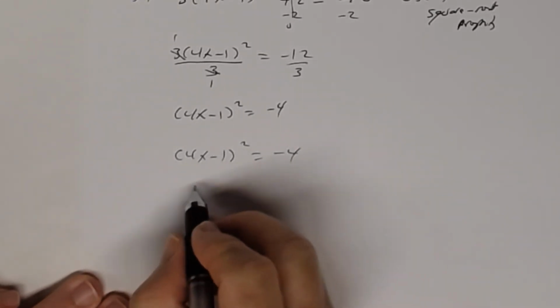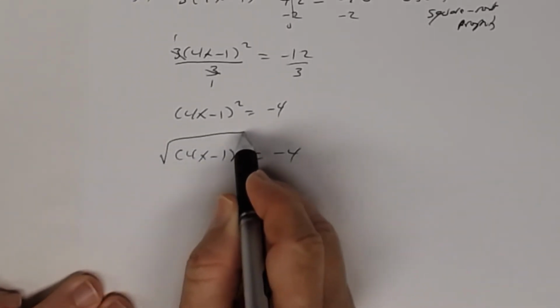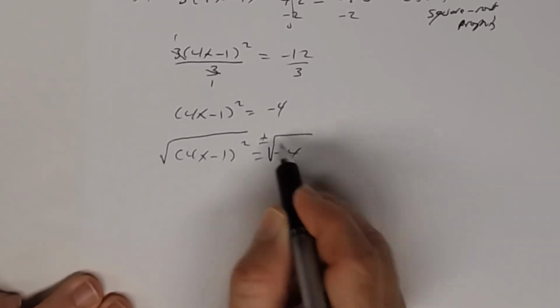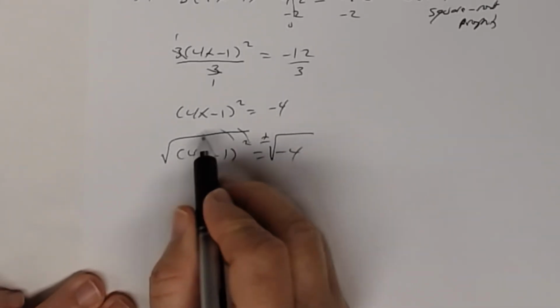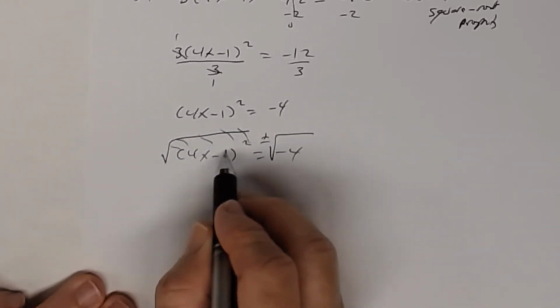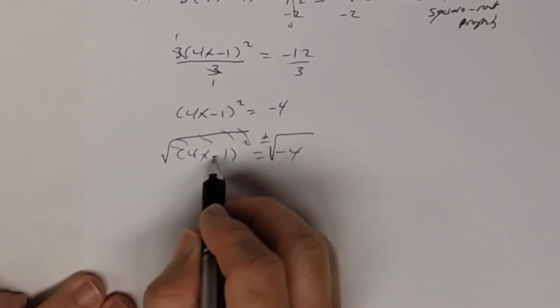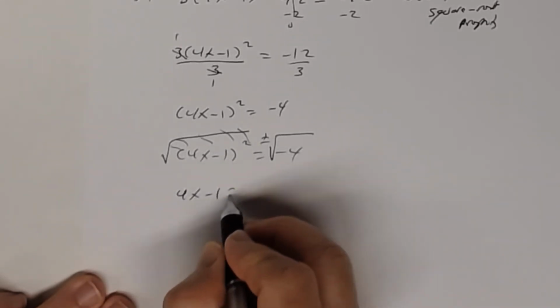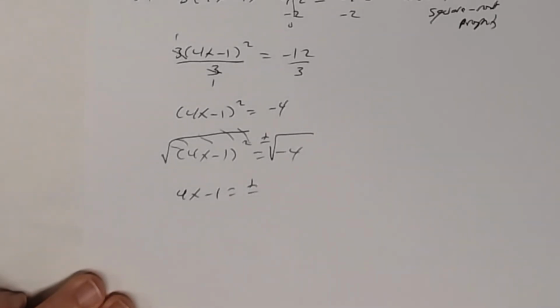So let me go ahead and do that now. I'm going to take the square root of both sides, just like this, plus or minus. The square and the square root undo each other. They're inverses of each other. So you get this expression here, 4x minus 1, equal plus or minus the square root of a negative 4.